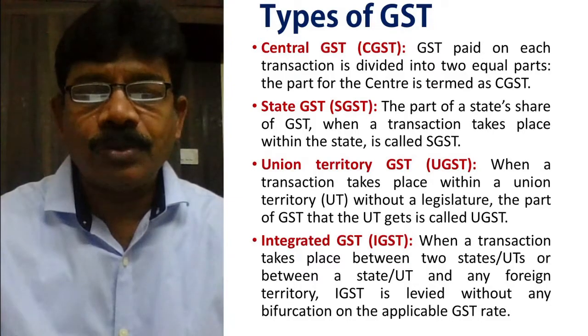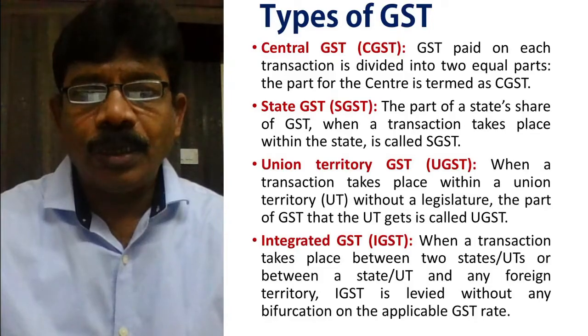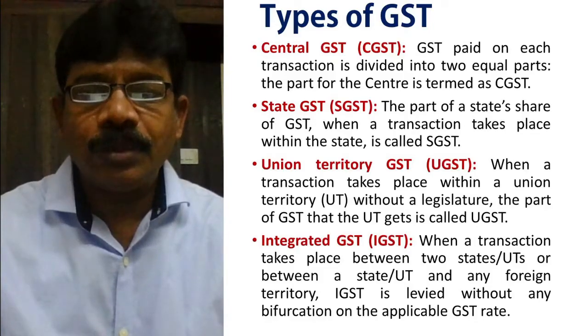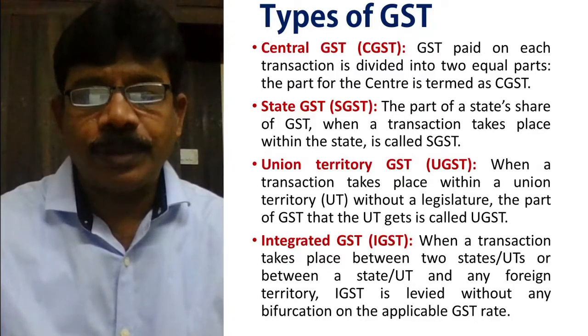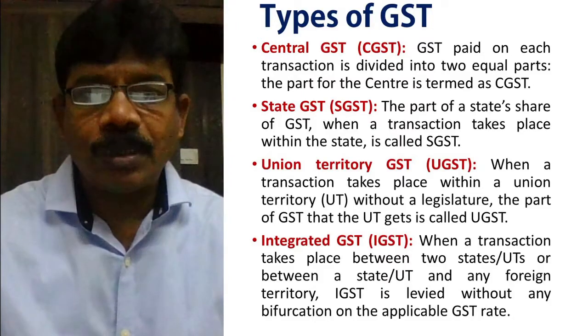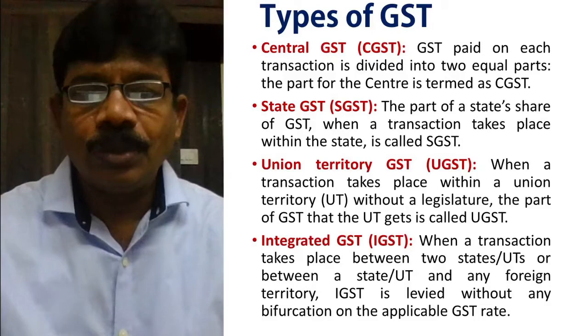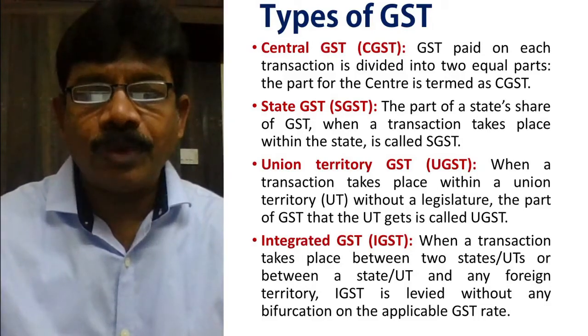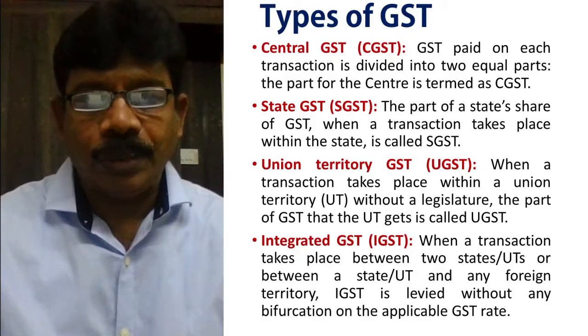If the goods are manufactured in a Union Territory and sold in the Union Territory, then UGST as well as CGST is imposed. Both are 50-50%. IGST is imposed on the goods which were shipped from one state to another state.